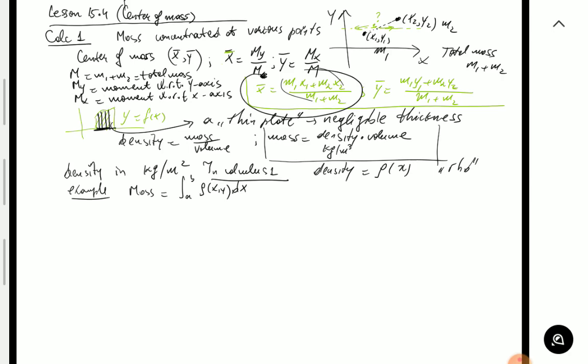So the integral of the density times dx will be the total mass. And there is another formula that gives you the moments with respect to x and y, which I won't get into again from Calculus 1. So that was rho of x dx in Calculus 1.